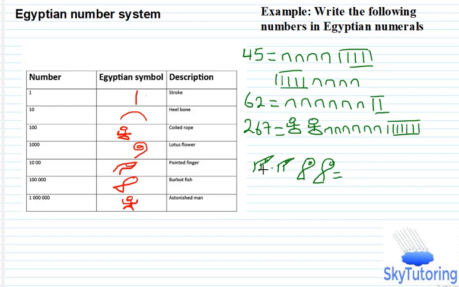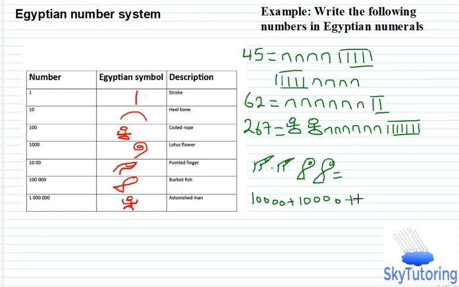This pointed finger is 10,000 plus another 10,000, so that is 20,000. Plus this fish, the bobot fish, is 100,000.